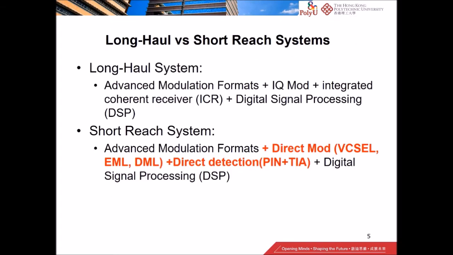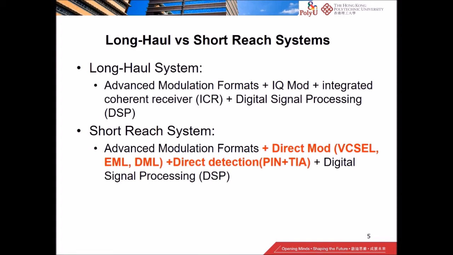Okay, so now again, a very rough one-slide summary of the difference between long haul and short reach. In long haul, you get to use all the best equipment, the best transceiver components that you can use, and your DSP is relatively unlimited in terms of complexity.